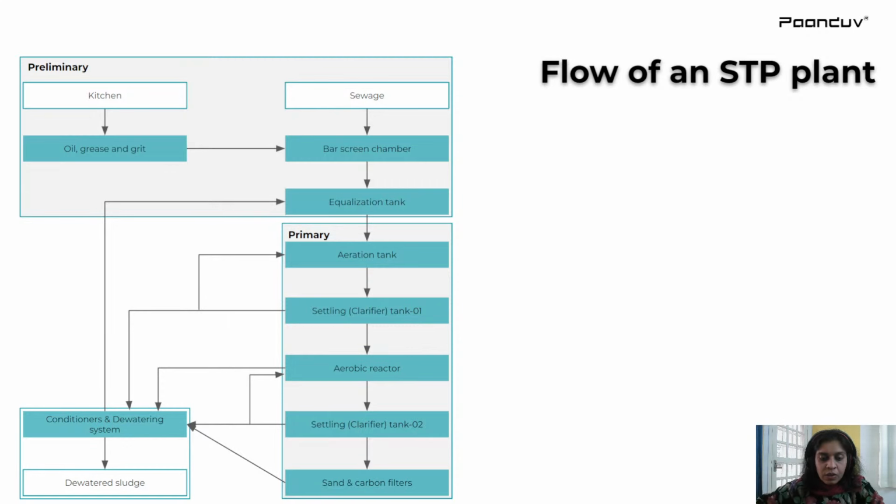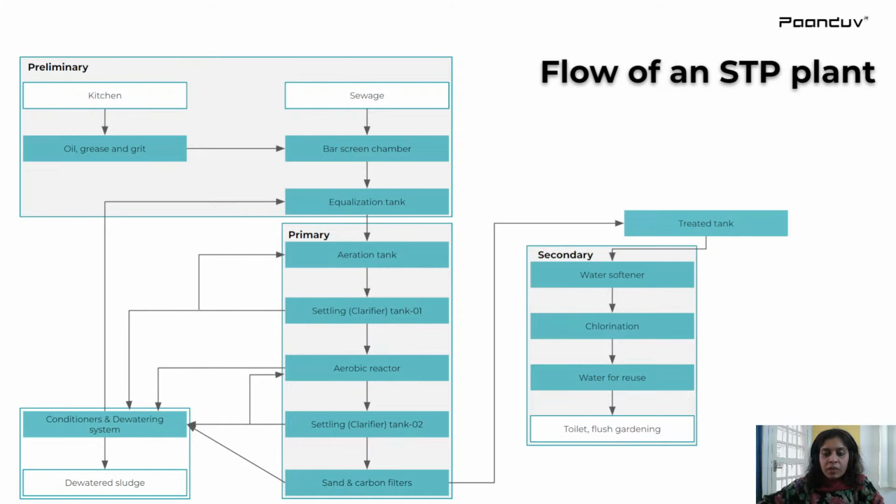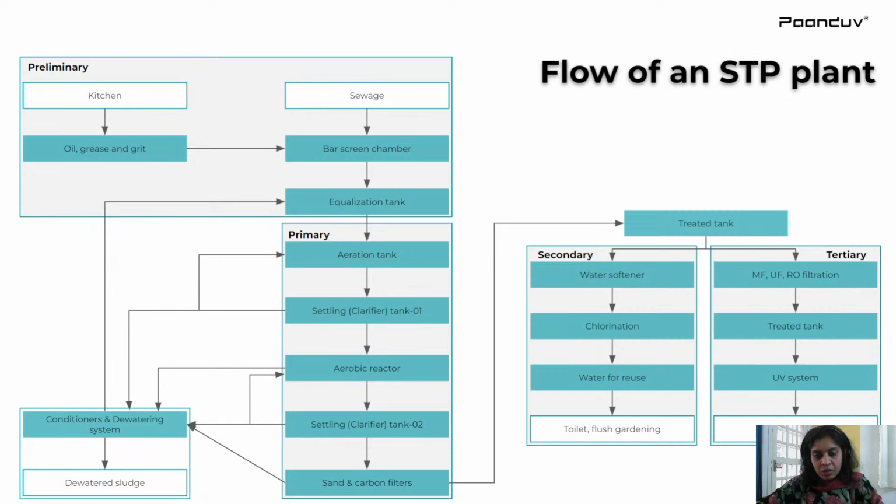So finally, when the water comes from the clarifier 2, the sludge is sent to the dewatering system, but the water is sent to the sand and carbon filters, where multiple impurities are removed. Now from here, the water will go for secondary treatment, and after that the water will go for the tertiary treatment.